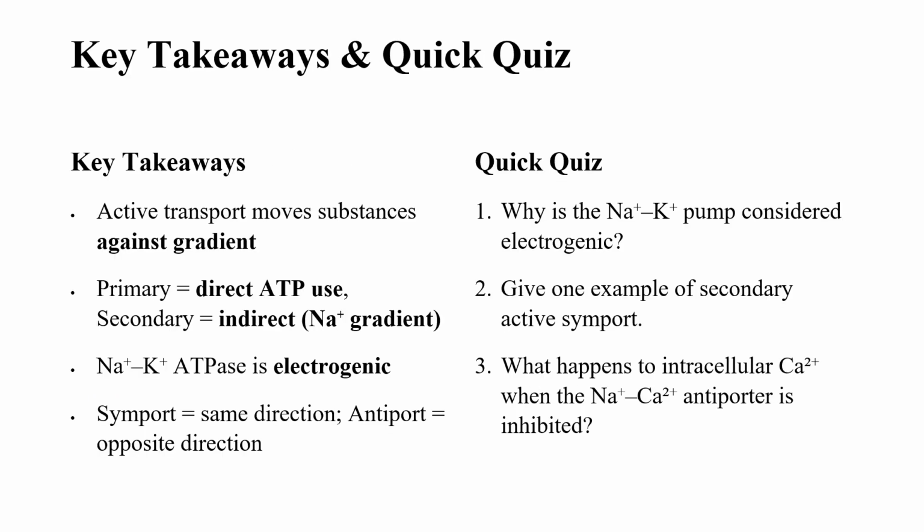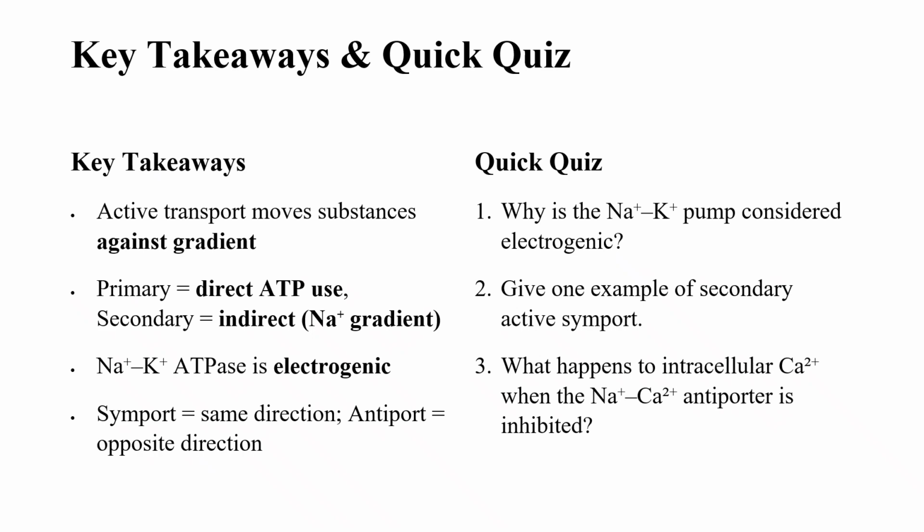Quickly, the key takeaways from today's tutorial are that primary active transport relies directly on the energy of ATP, while secondary active transport cleverly uses the sodium gradient created earlier by the sodium potassium pump. The pump itself is electrogenic because its unequal exchange of sodium and potassium creates a small but meaningful outward current that shapes the resting membrane potential.